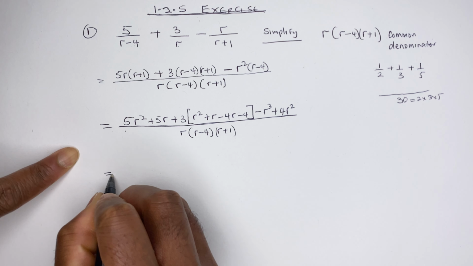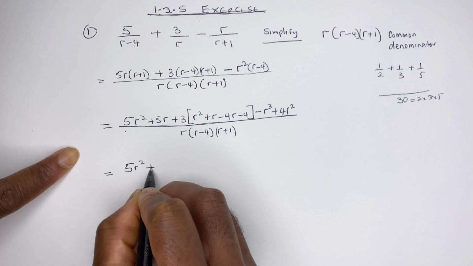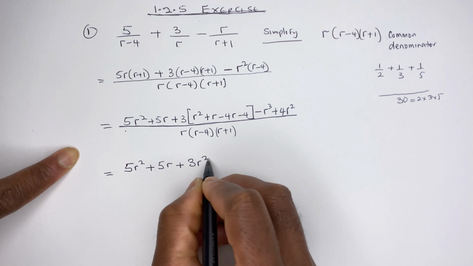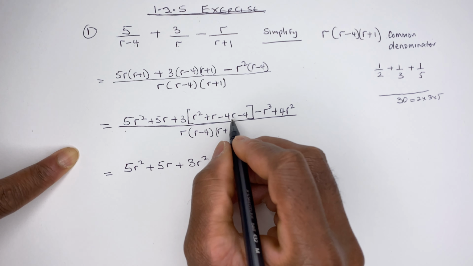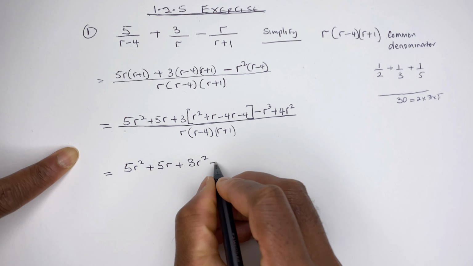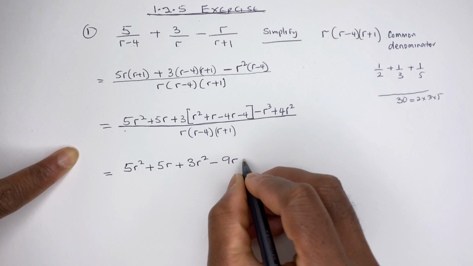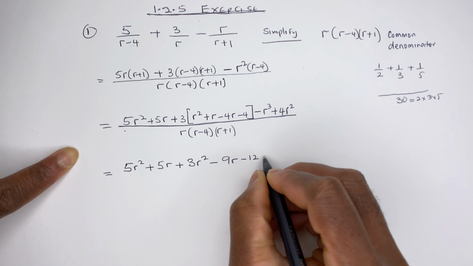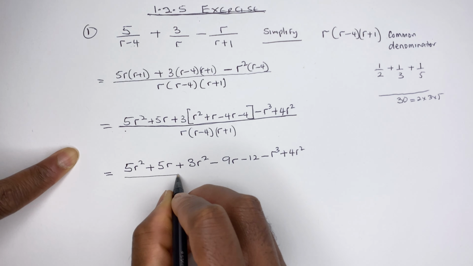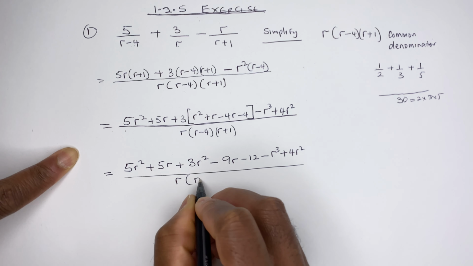So I have got 5r squared plus 5r plus, now this is 3r squared, r minus 4r is minus 3r, times 3 is minus 9r. 3 times minus 4 is minus 12, minus r cubed plus 4r squared, over r minus 4, r plus 1.